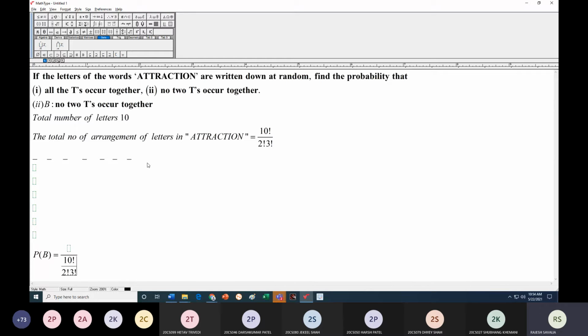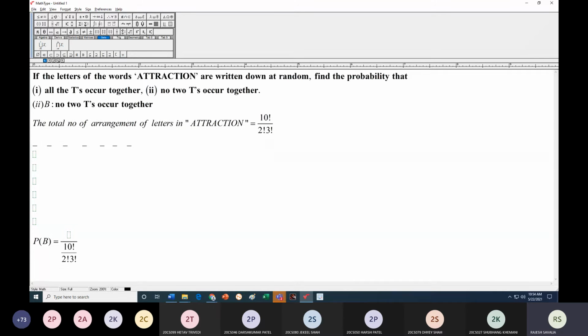Next thing. Now total number of letters, how many do you have? Total number of letters is equal to 10. Am I right or wrong? Fine. Next, listen carefully. How many T's are there? 3.